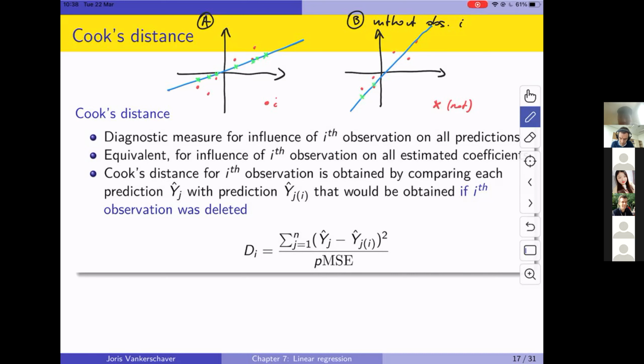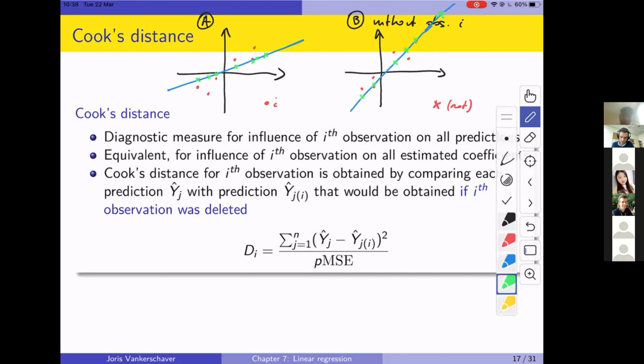So here, and then okay, also for observation I, even though I didn't use it in my model, I also look at, well, what does the model predict, which is probably going to be this point here. So the green crosses are what the model thinks those X values correspond to. And now we get n predictions from both models, one for each data point, and we compare those predictions.